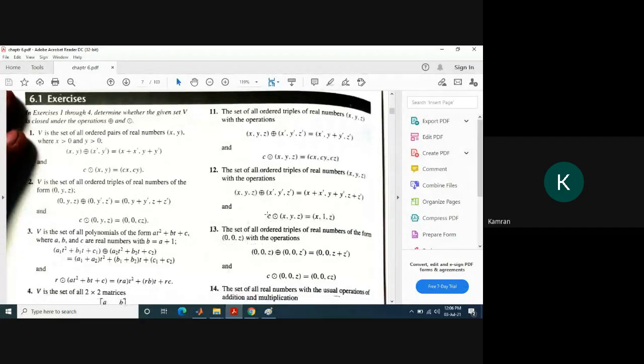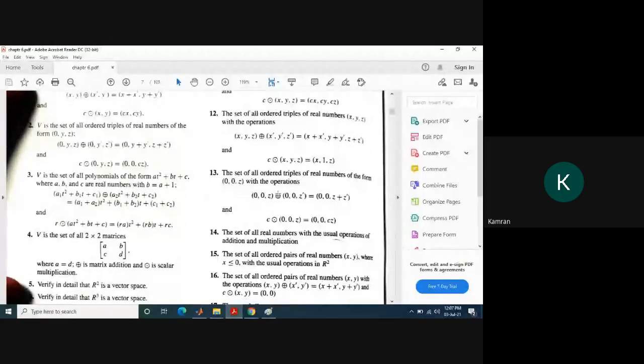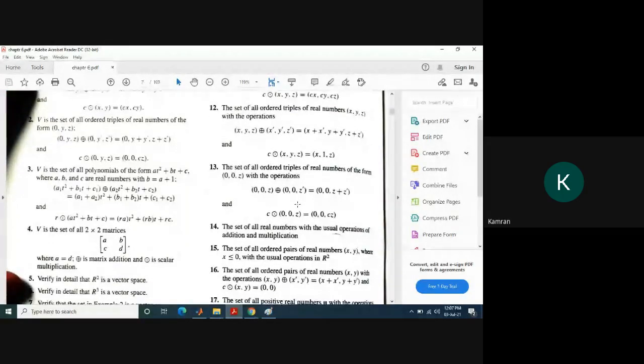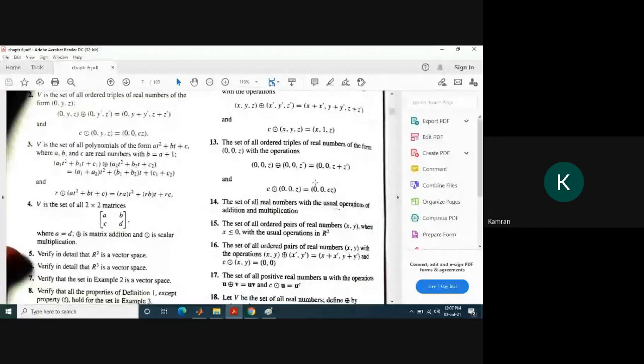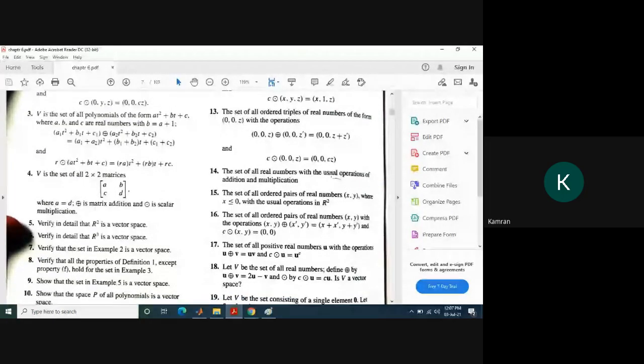Yes sir. Question number 13 is okay. There is no issue. It is a vector space, and you can show that it is a vector space. All properties of vector space will be satisfied. Question number 14 is the set of all real numbers with usual operation, usual meaning simple addition and multiplication. We know that the set of real numbers is closed with respect to addition. 1 is a real number and 2 is a real number, then 1 plus 2 is equal to 3, a real number.